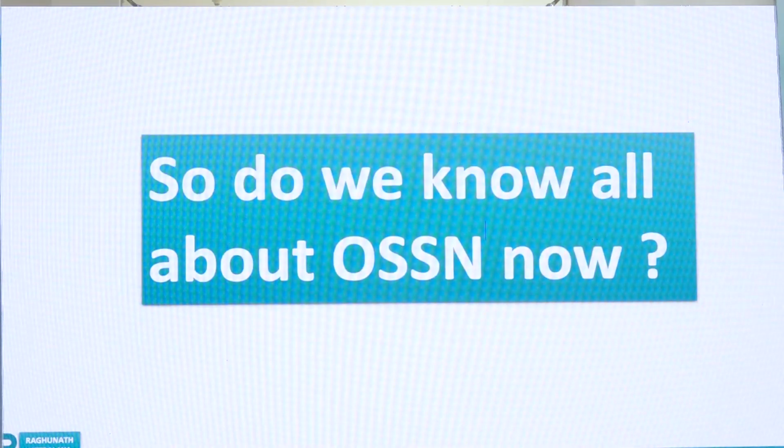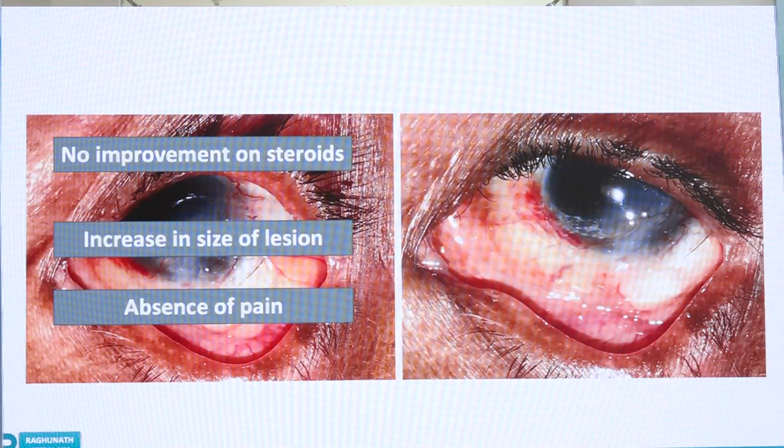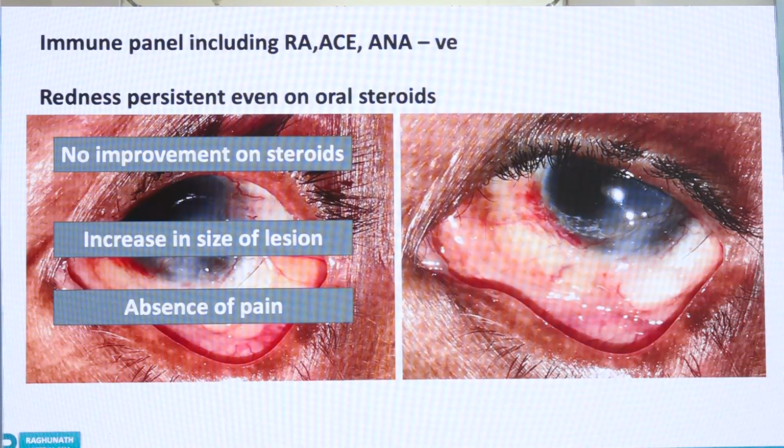So when we know everything about OSSN, I would like to keep a picture in front of you. This is a patient getting treated as scleritis, and the patient is on steroids. There is no improvement, there is no pain, all the workup for collagen vascular disease is negative, and the patient's lesion keeps growing.